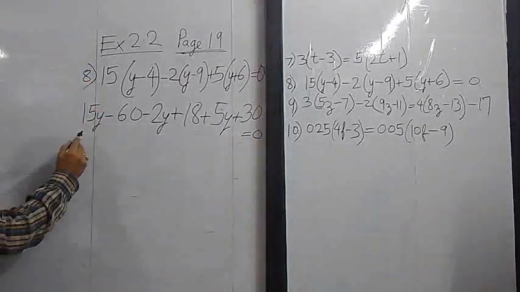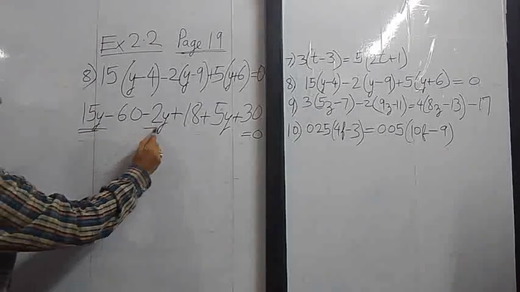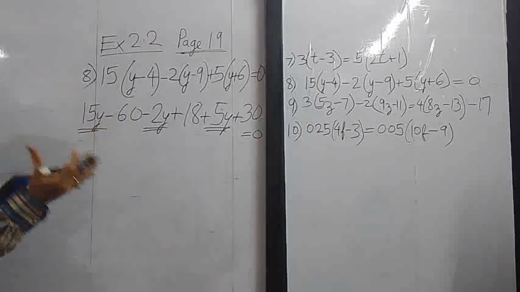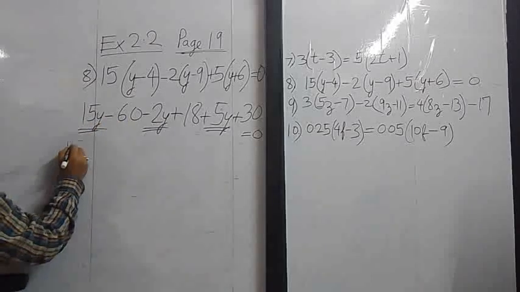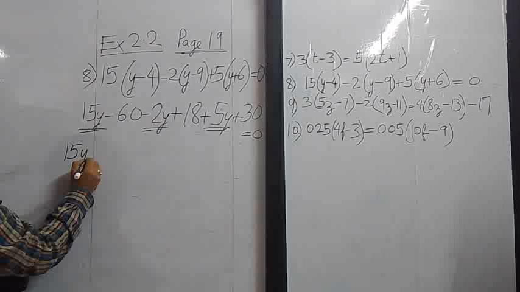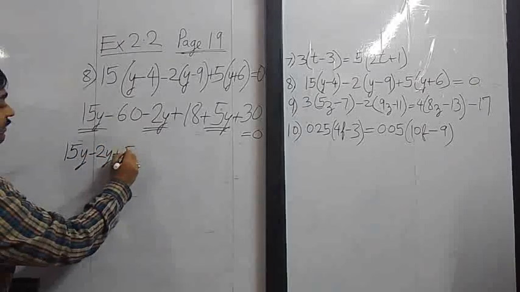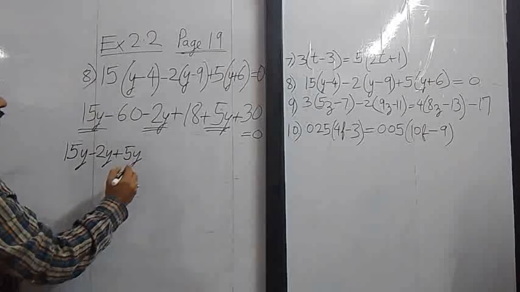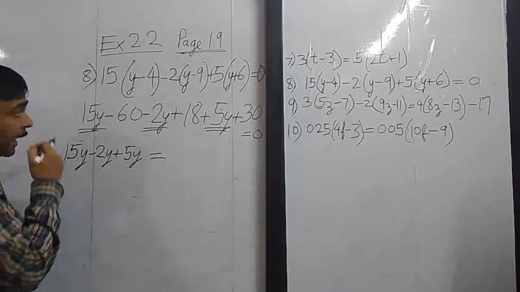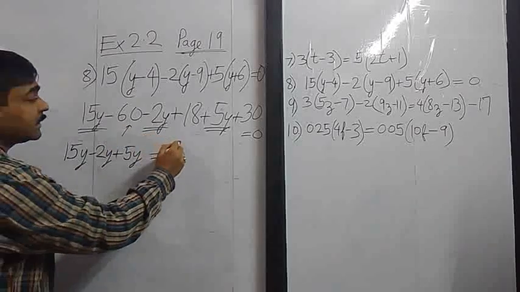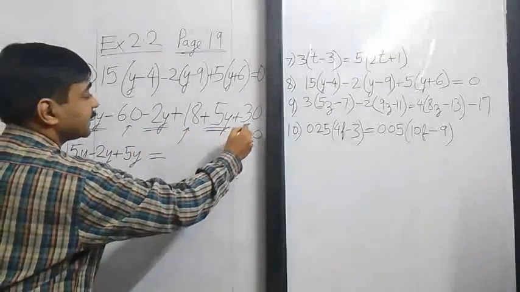I take the like terms together. 15y minus 2y plus 5y. These three terms are the like terms. I will say 15y minus 2y plus 5y equals, I can take the terms which are purely the numbers on the right hand side.